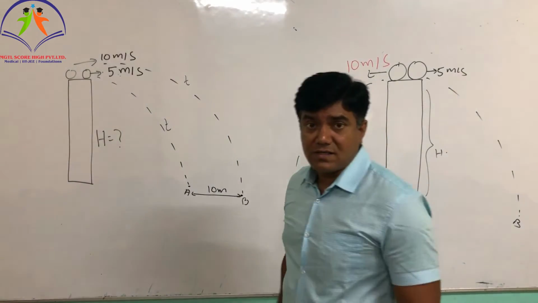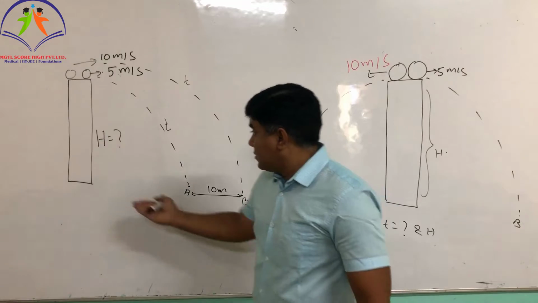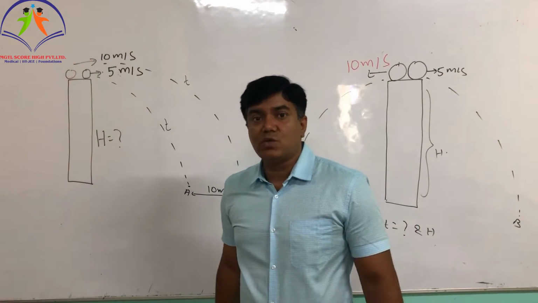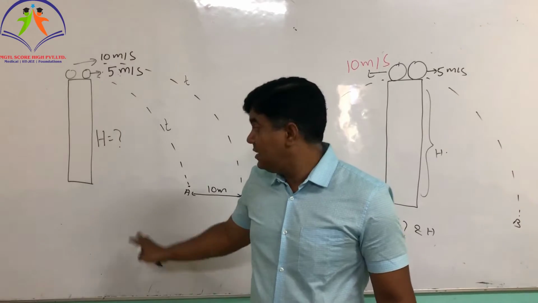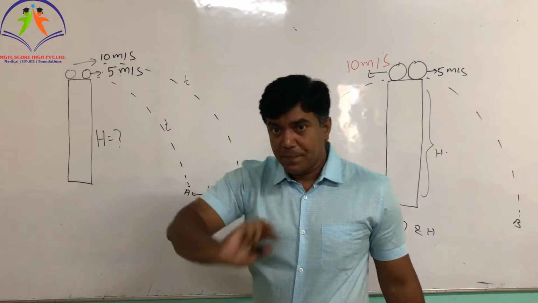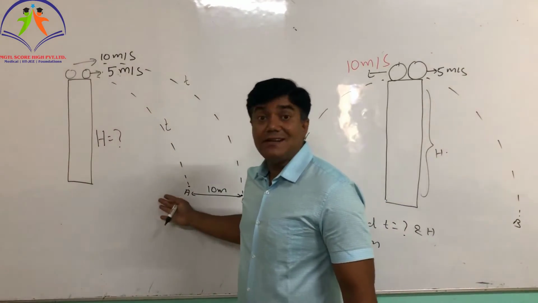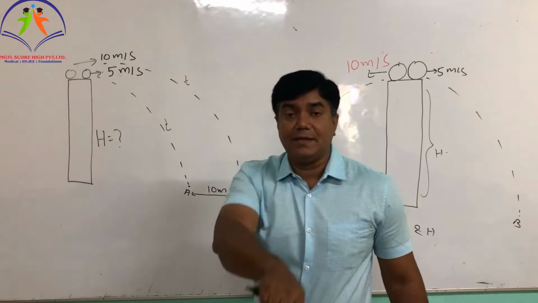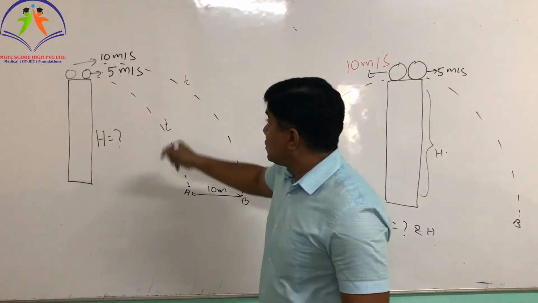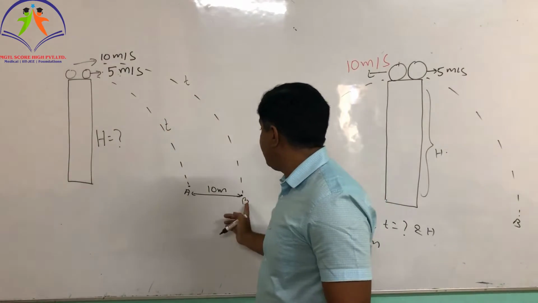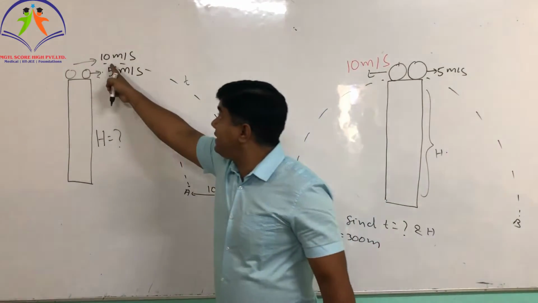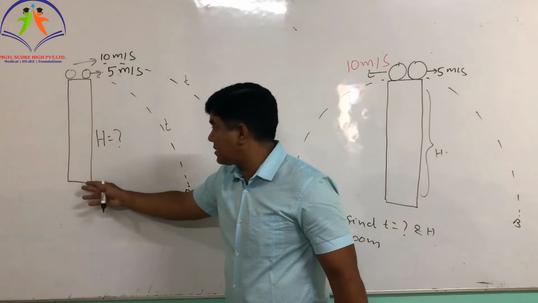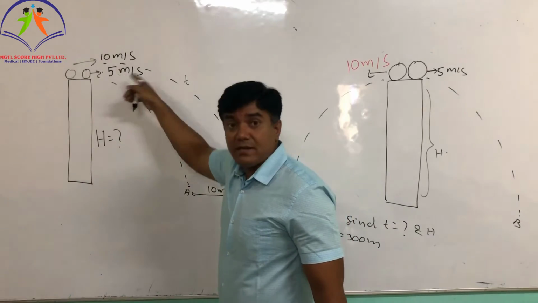Another shortcut concept, please keep it in mind: for the horizontal distance, that is range, no need to use the formula u square sine 2 theta by g. Range is nothing but distance, and distance is nothing but speed into time.